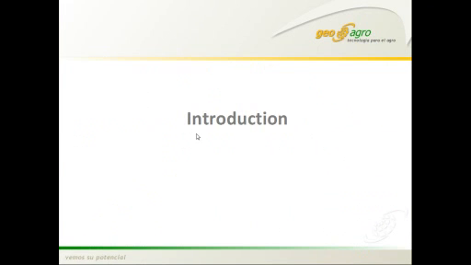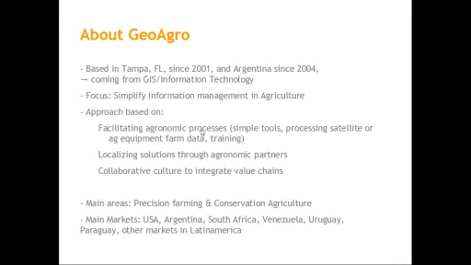So first, let's introduce where we are, what this is all about and where are we coming from. First, a very brief introduction about Geo Agro. It's a company based in Tampa, Florida since 2001 and office in Argentina since 2004. We're coming from the GIS and information technology fields.